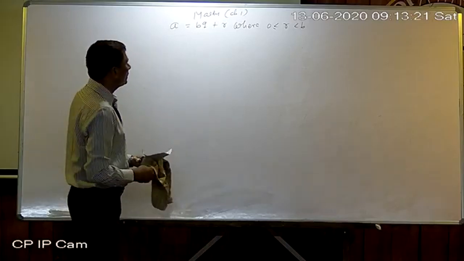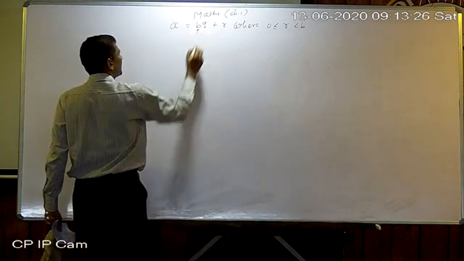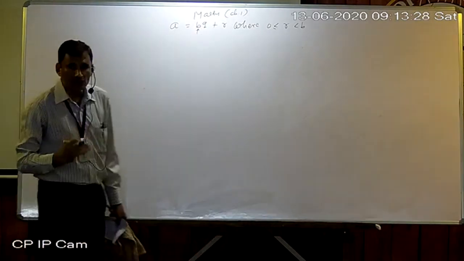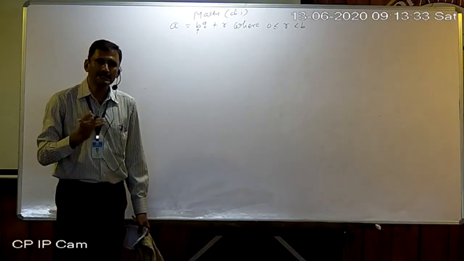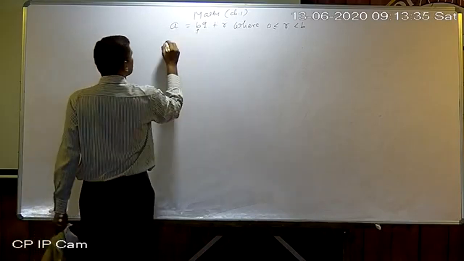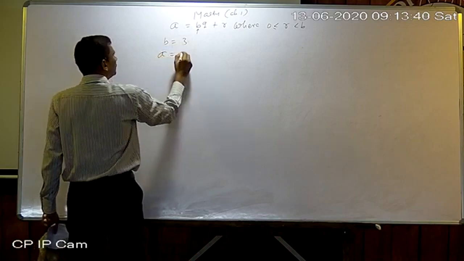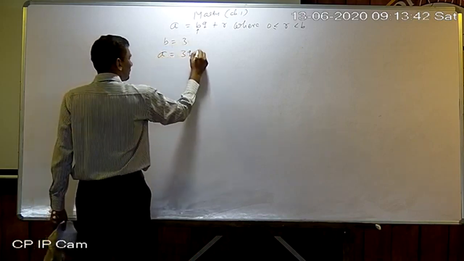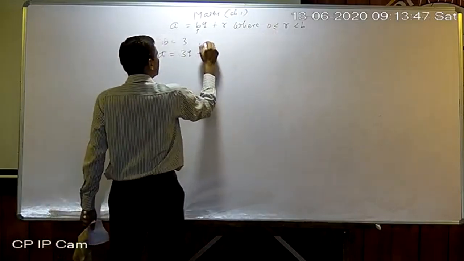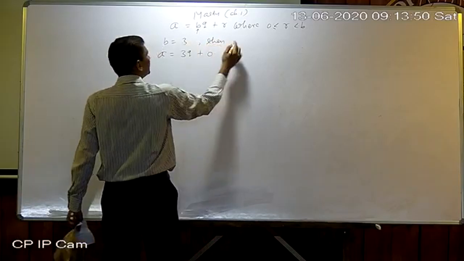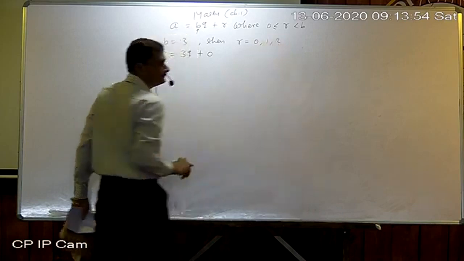So first of all, suppose you decided B as 3. It is up to us what to decide as B. So suppose B is 3, then I can write A equals 3Q plus 0, because if B is 3, then R can be 0, 1, 2. Why?